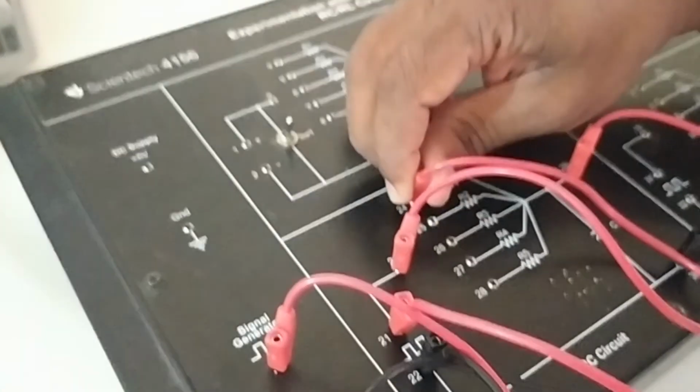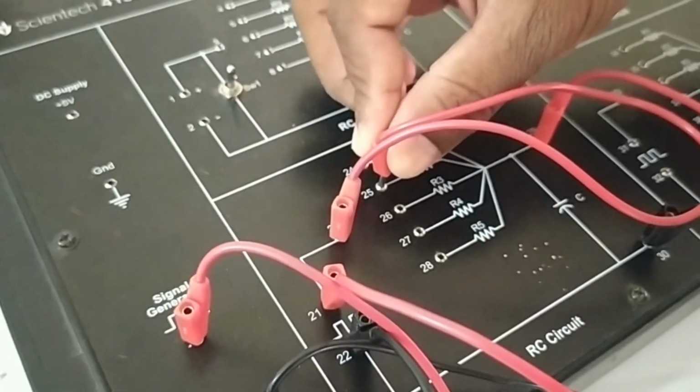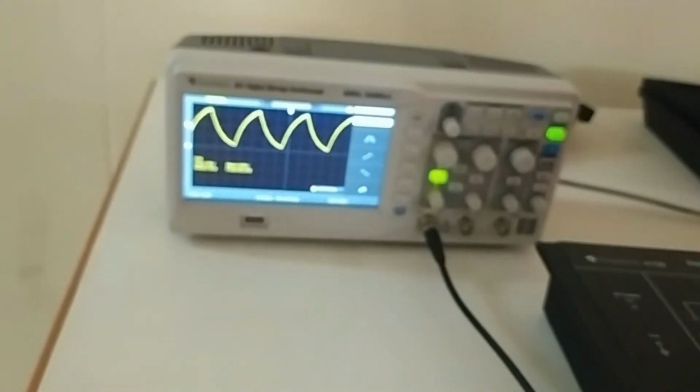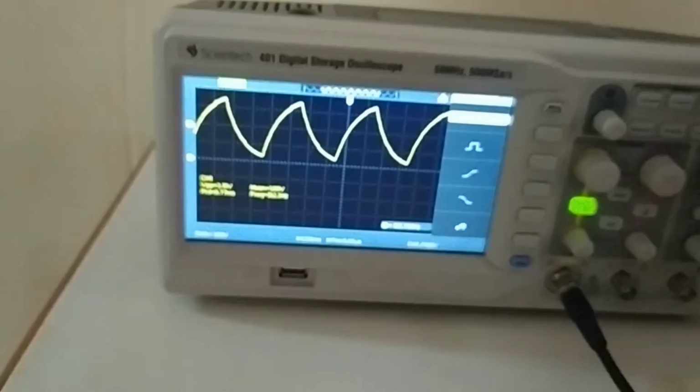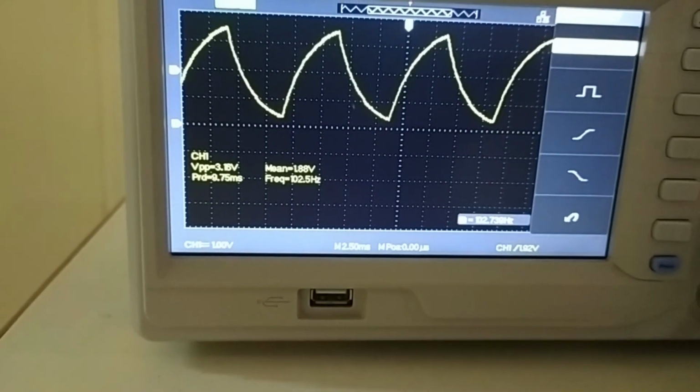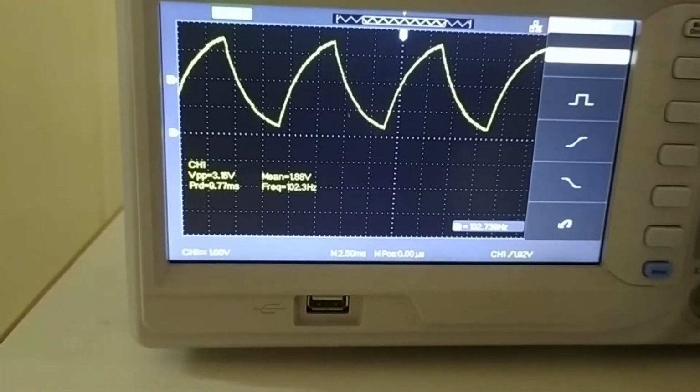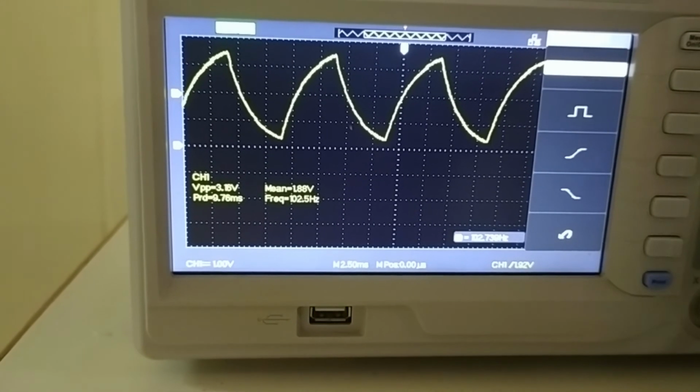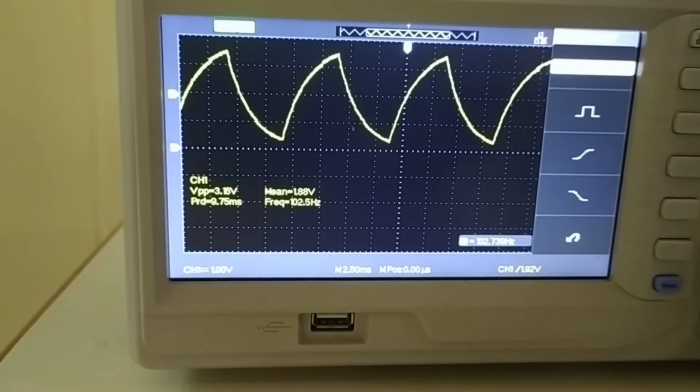Now I am changing the knob to the second resistance value. We can clearly see the variation in the waveform. Note down this voltage and frequency and measure the time constant by using theoretical values.